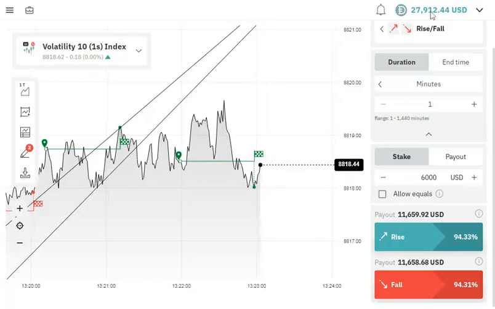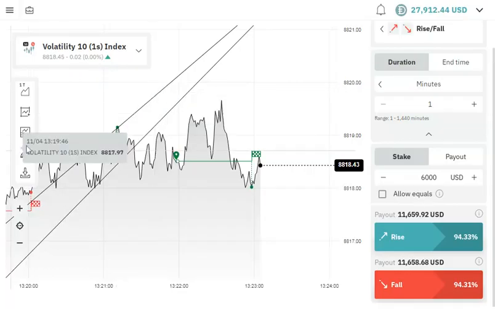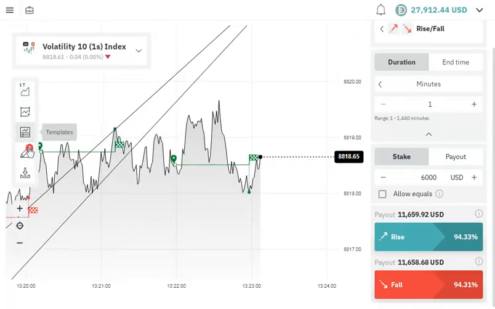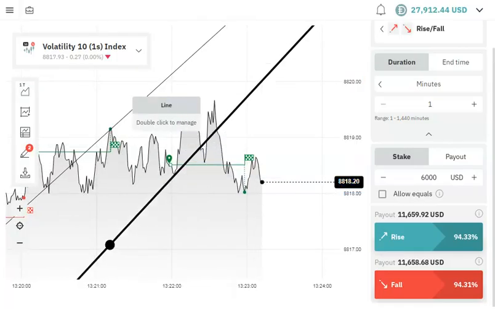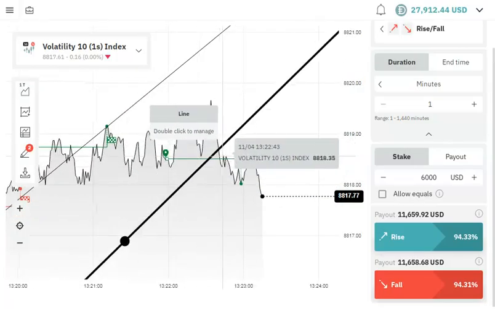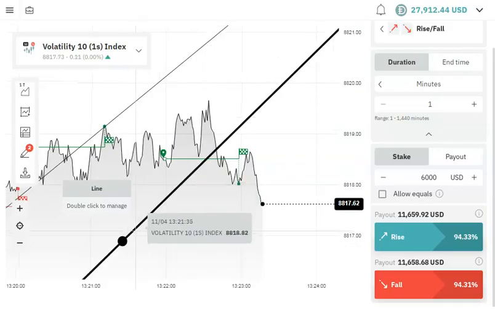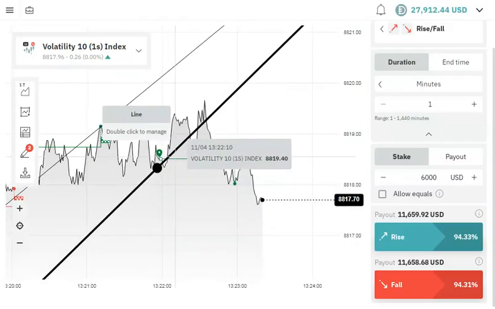And beautifully, we won another 27,000 USD, but it was on a demo account. And on a realistic account, if you were trading with a smaller account, you would have still gained the percentage of this trade, and you would have still been a winner and not a loser.